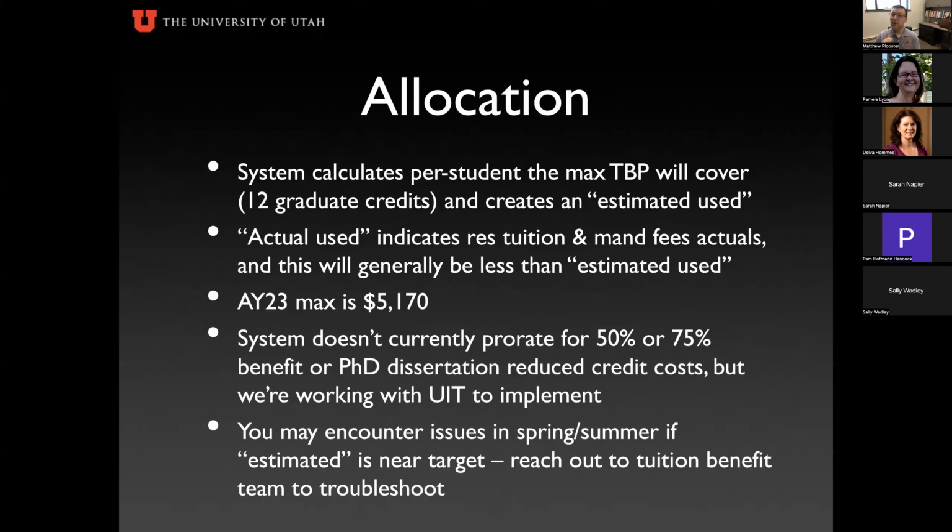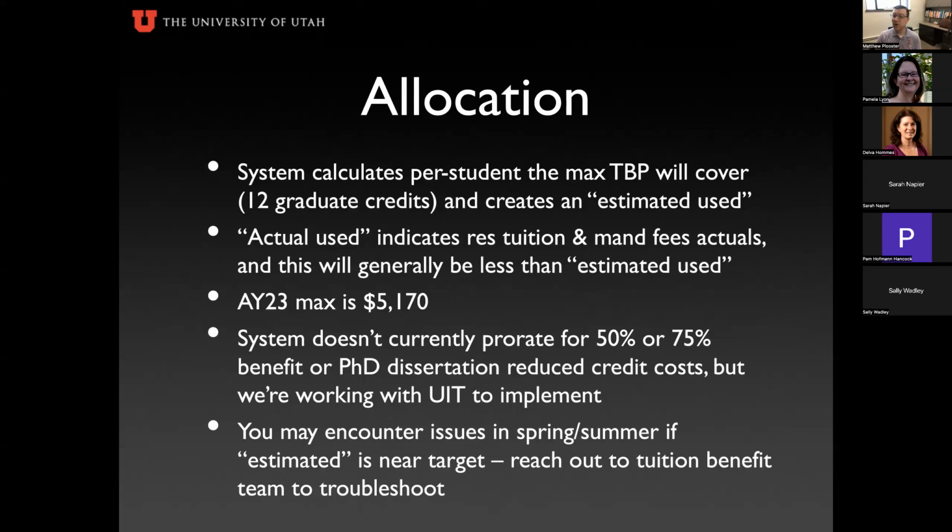We just don't have the solution ready to implement today. And you may encounter issues with your estimated as you are trying to enter spring and probably summer as well. When you encounter those sorts of issues where it says you don't have funding left, even though your estimated is much larger than your actual used, that's when you'll just reach out to me and we'll troubleshoot around that as necessary.